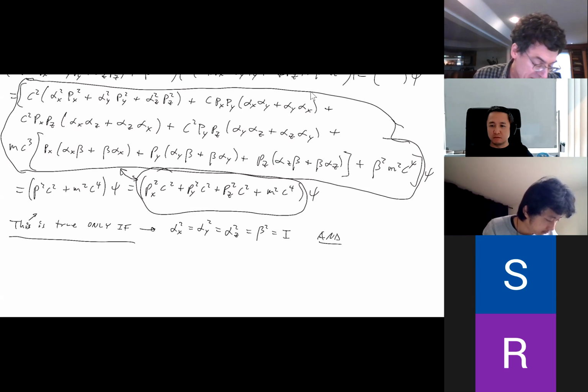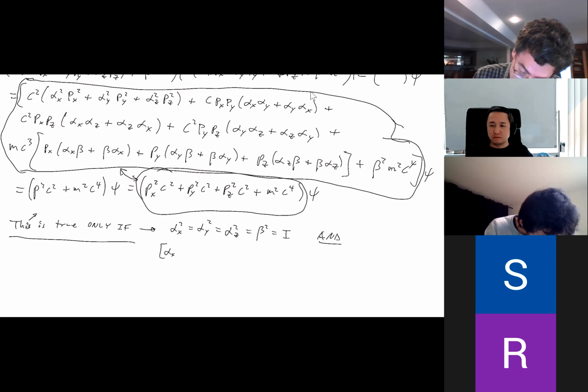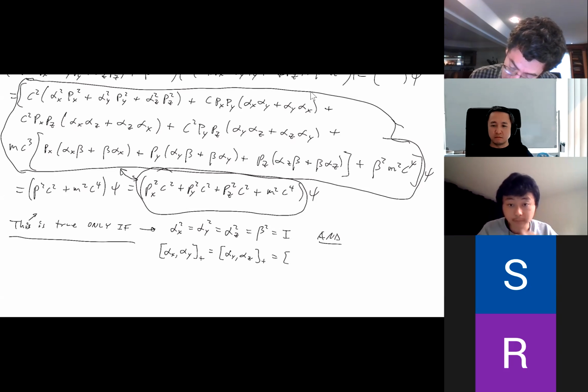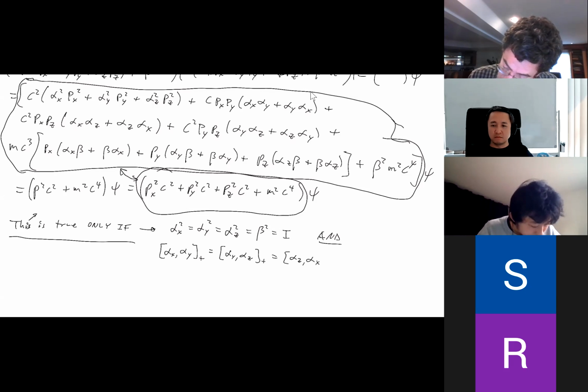And at the same time you need the anti-commutators: the anti-commutator of alpha x, alpha y is equal to the anti-commutator of alpha y, alpha z is equal to the anti-commutator of alpha z, alpha x, equals 0. That means they anti-commute.